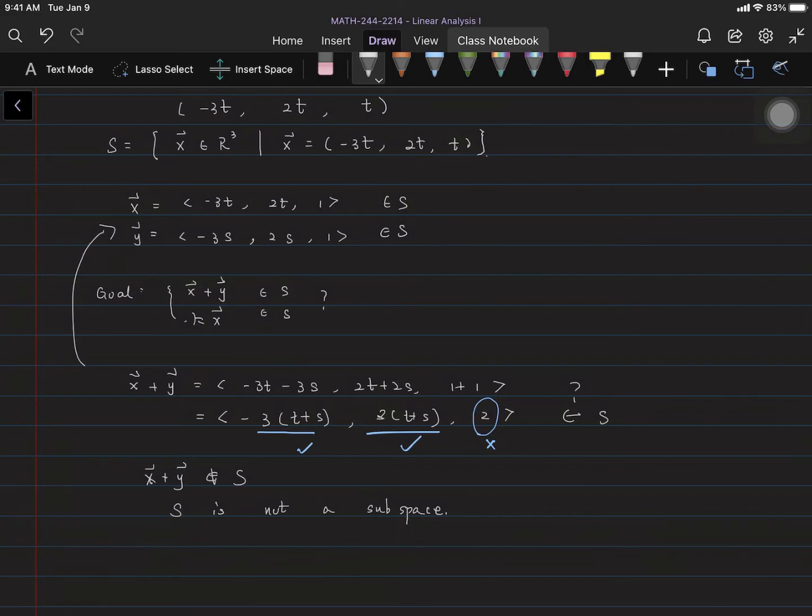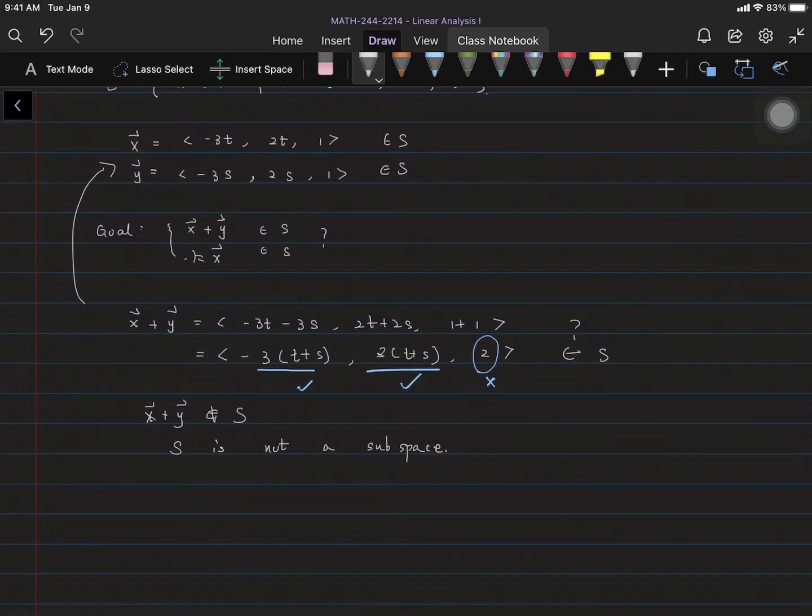Let's take a look at an exercise problem. S equals this one, with x belonging to R3, still a subset in R3. Okay, let's do an easy one.